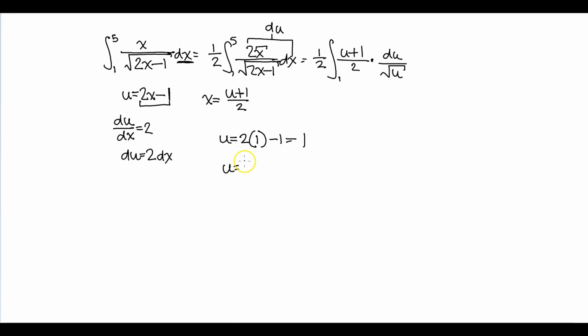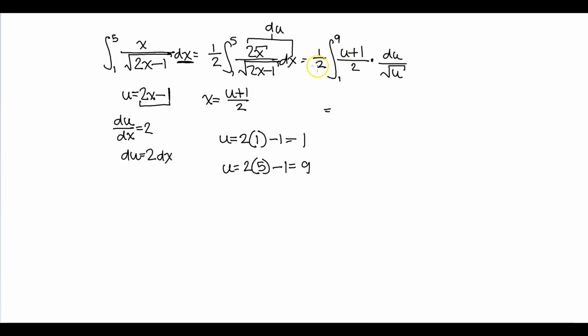The u version for the upper limit: 2 times 5 is 10, minus 1 is 9. So you have to change the limit of integration to 9. Now that we changed our limits of integration, there is no need to convert back. I'll tell you what that means when we get to that spot.